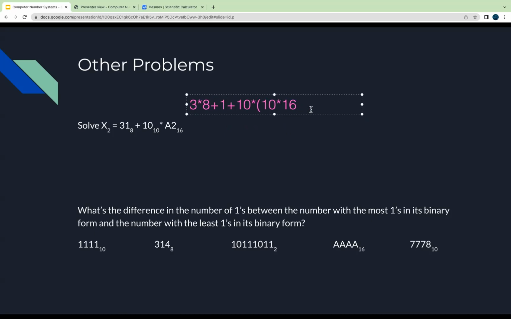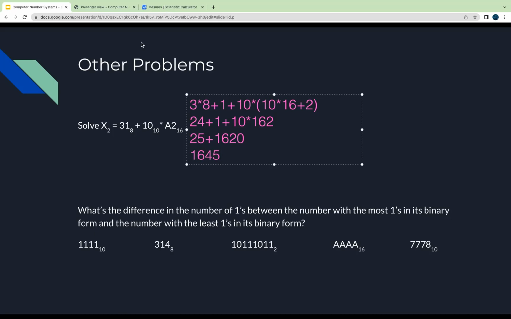Oh, a little bit careful here. I'm just gonna solve this out the old algebraic way. And then we just have to convert this decimal number to binary.